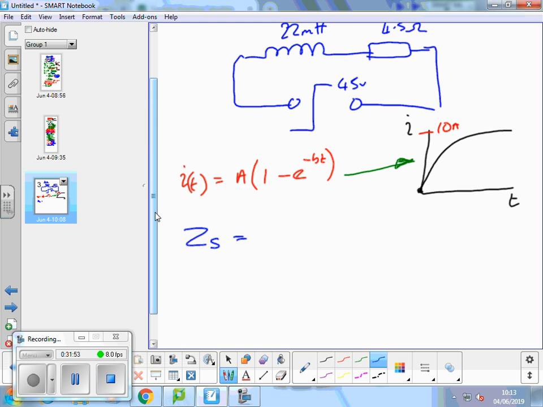Z(s) here is 4.5 plus, what do we do? Look at your Laplace transform table and see what you have to do for an inductor.